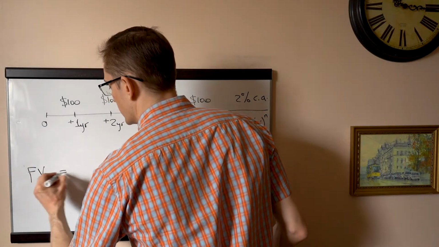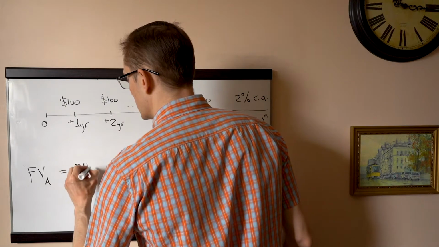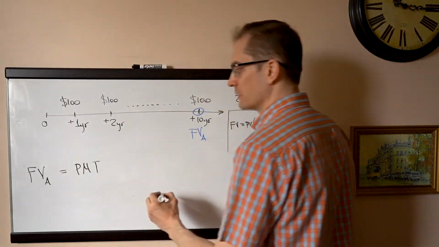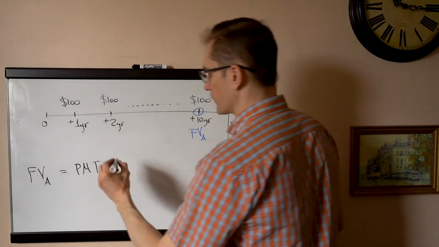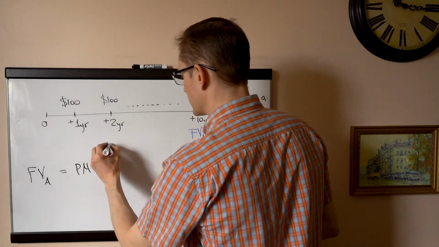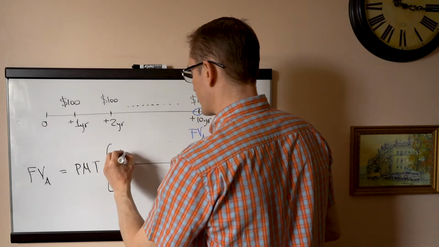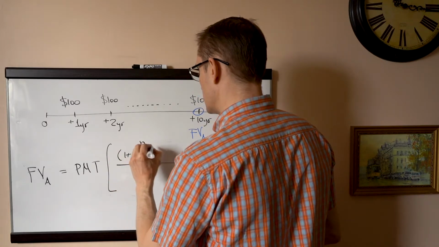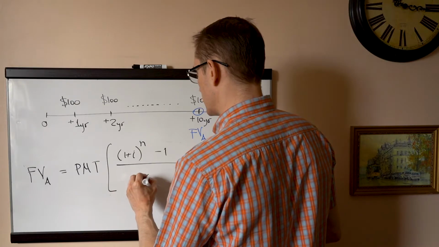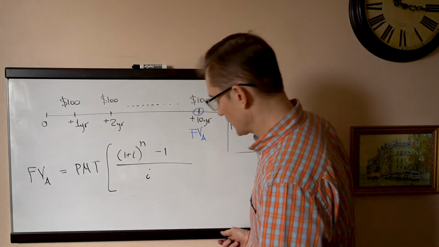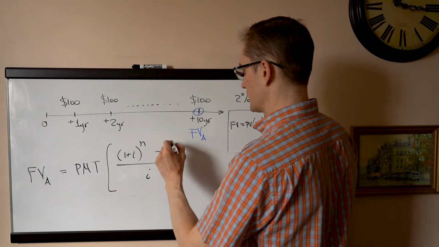Future value of annuity is PMT, which stands for payment of annuity. In this case, this payment is $100. That's what I'm referring to. So that's multiplied by the bracket (1 plus i) to the exponent n, minus 1, divided by i. Let me close this bracket here.